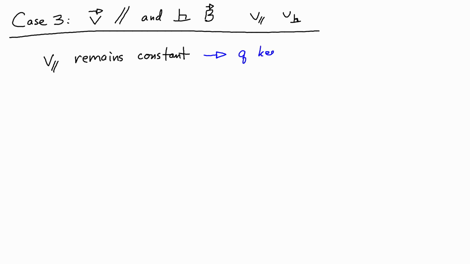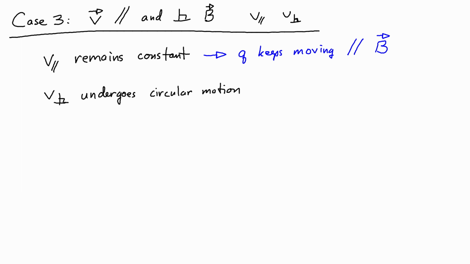So the particle q keeps moving at a constant velocity parallel to the magnetic field. In case 2, when the velocity was perpendicular to B, we saw uniform circular motion, and the component of the velocity that's perpendicular to B undergoes circular motion. When we put these two things together, we get helical motion.